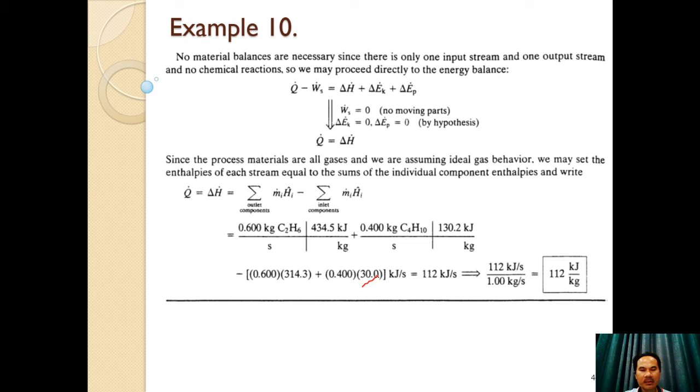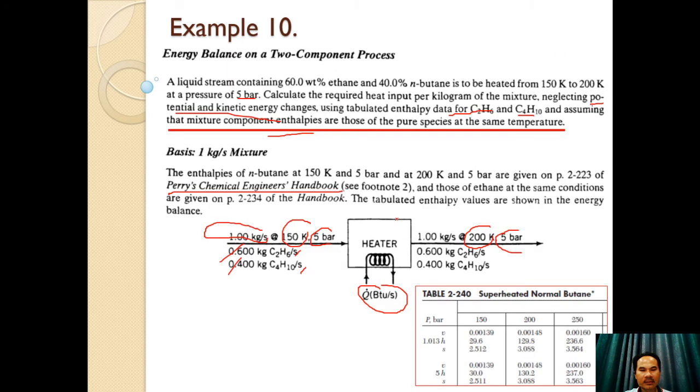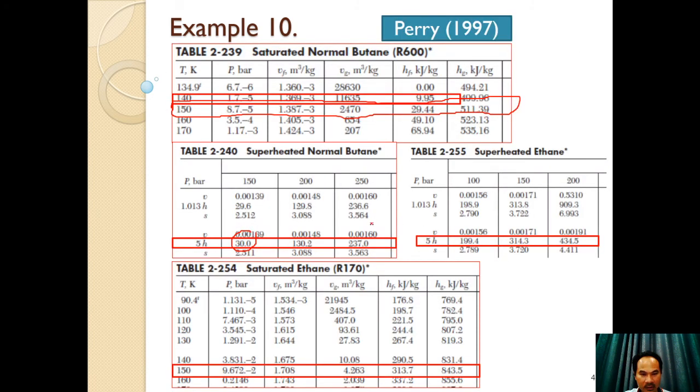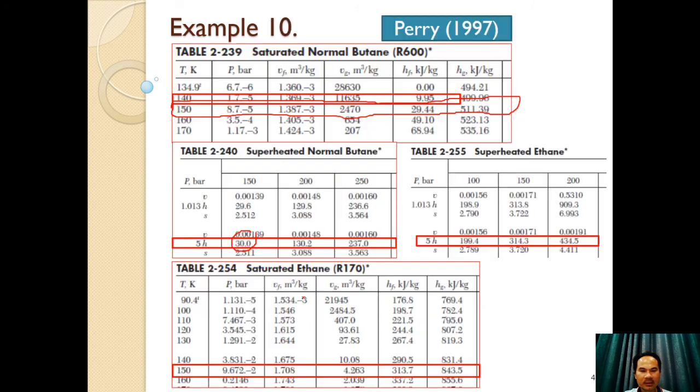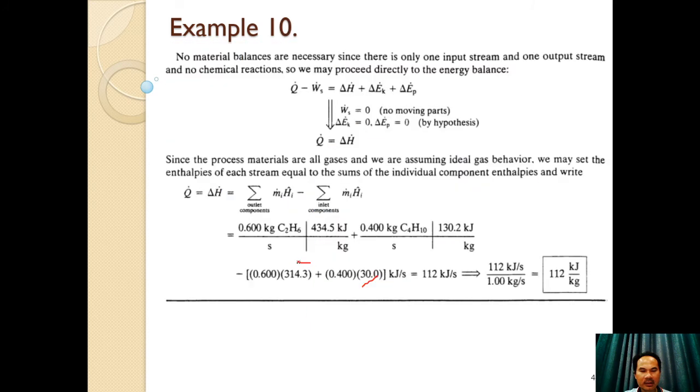And for ethane, at 150 and 5 bar, it's 14.3.